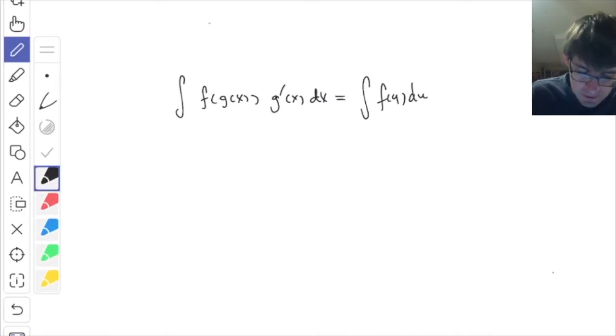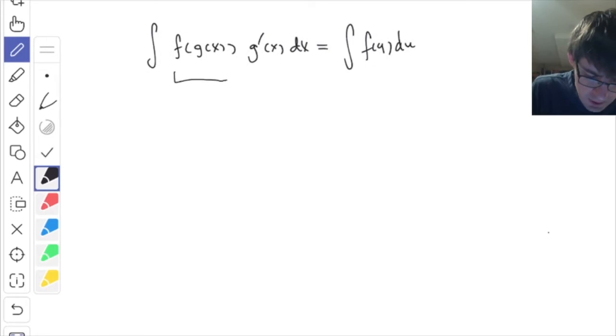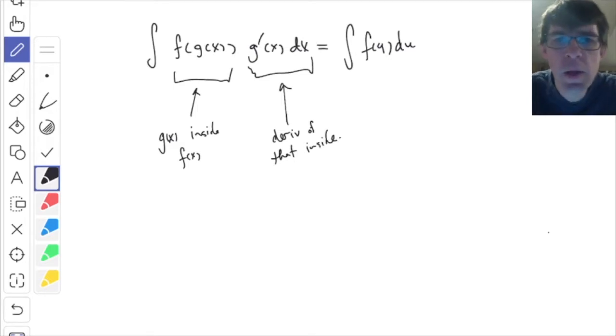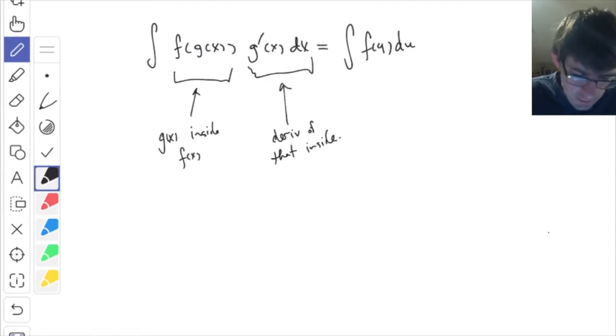So what I see on the left side is g of x inside f of x, right? And then this right here is the derivative of that inside part. When you look at this formula, like I said, I wouldn't suggest you try to memorize it, but what you should remember is, on the left side, I want to see a thing on the inside of f followed by the derivative of that same thing.